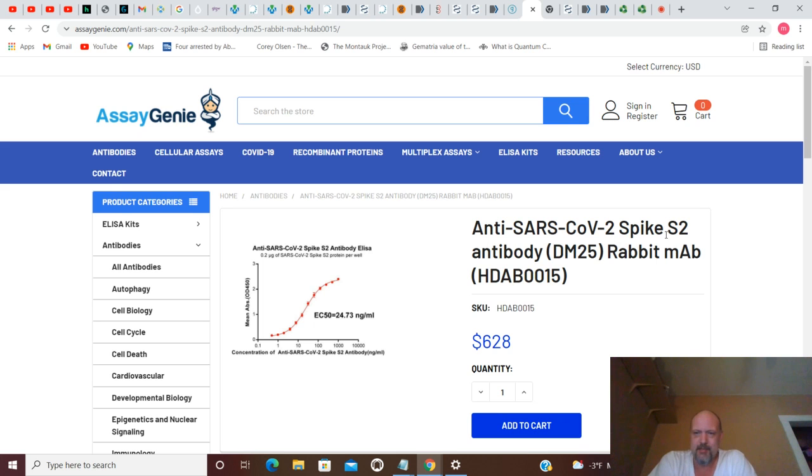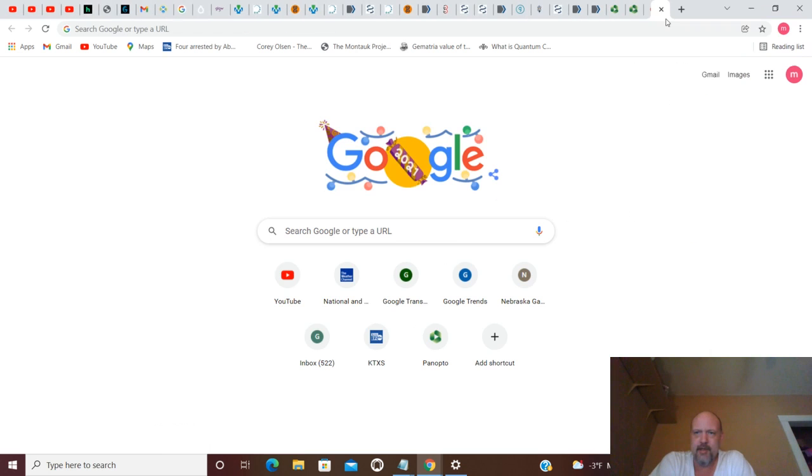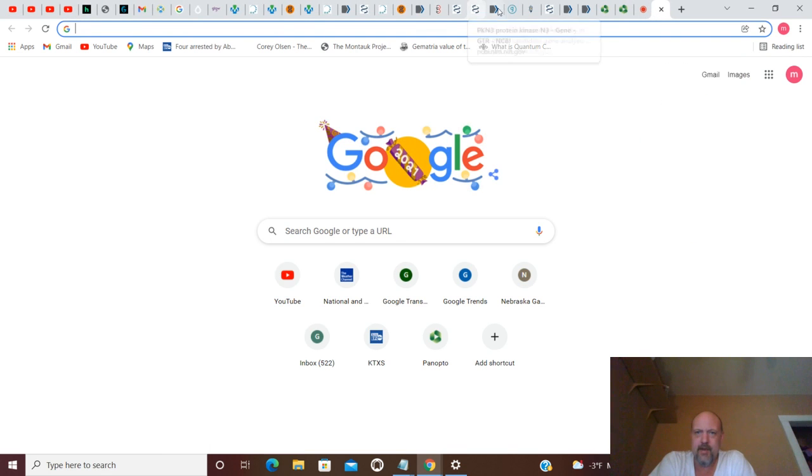Anti-SARS-CoV-2 spike S2 antibody, DM25. So this deals with the COVID-19 antibody, DM25. Not going to say anything more about that. All right, if we move on from that, we get something that I didn't look at.